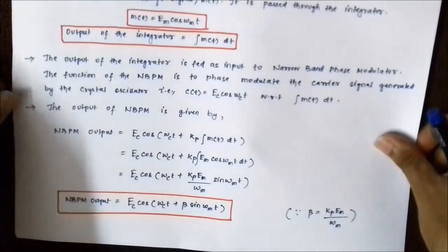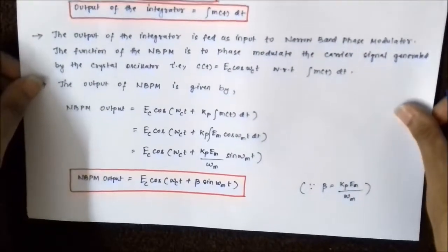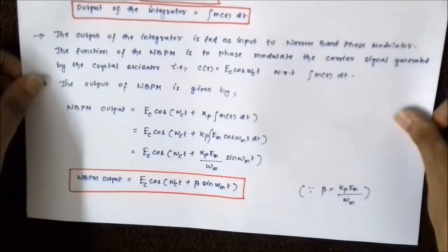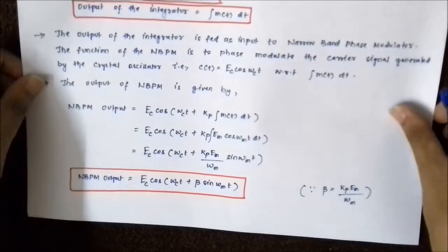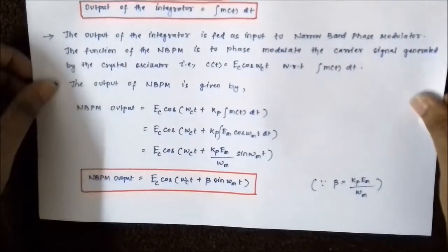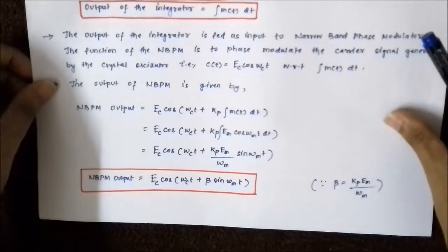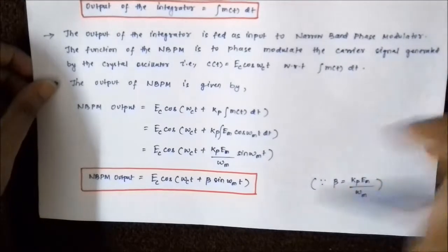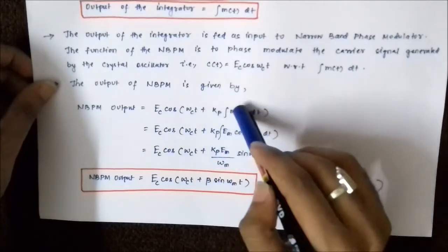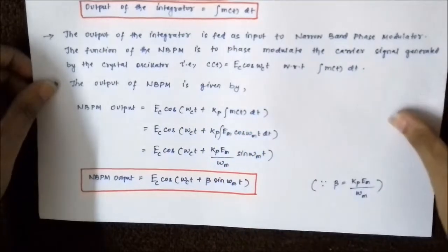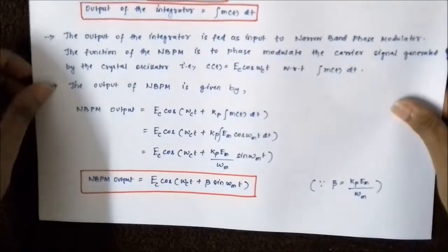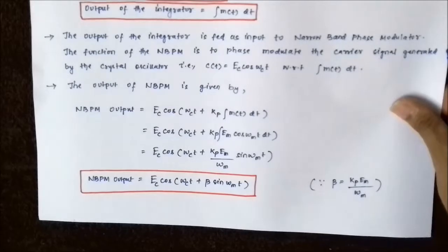Now we have discussed phase modulation in my video related to phase modulation basic concepts. So of course the mathematical expression for the output of a phase modulator is given by Ec cos(omega_c t plus Kp times integration of m(t) dt). Here Kp is the constant of proportionality or the phase modulation constant.